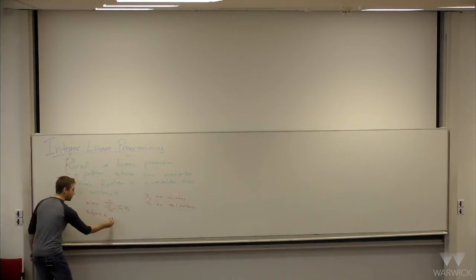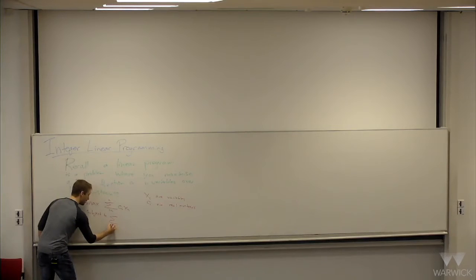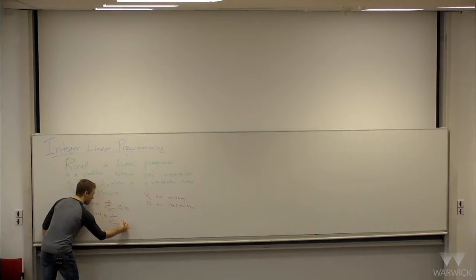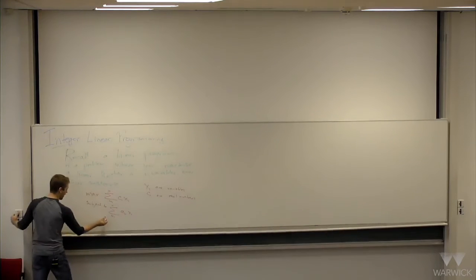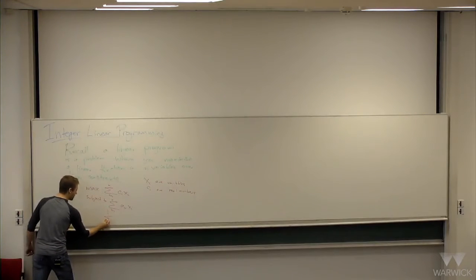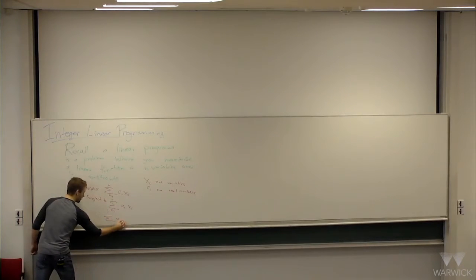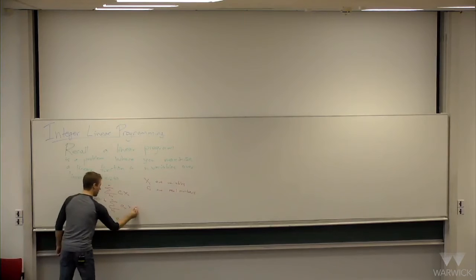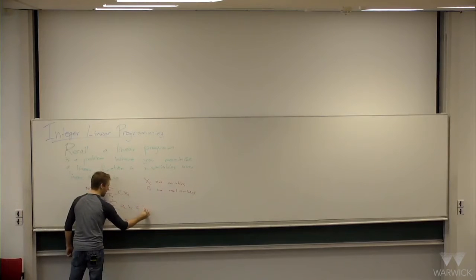And then you have some constraints like this, a_1i x_i, and you have m of these constraints. This one is at most, let's say, b_1, this one's at most, say, b_m.